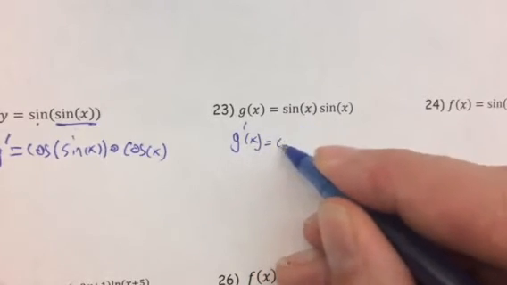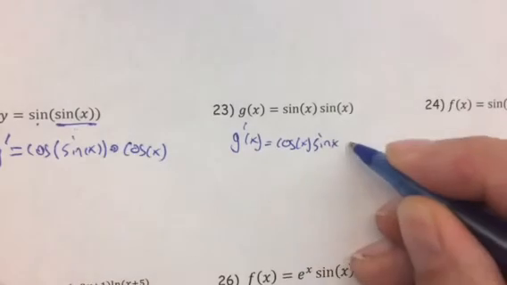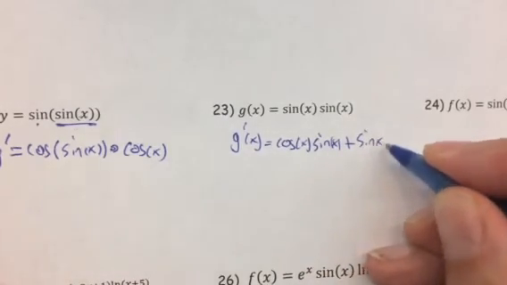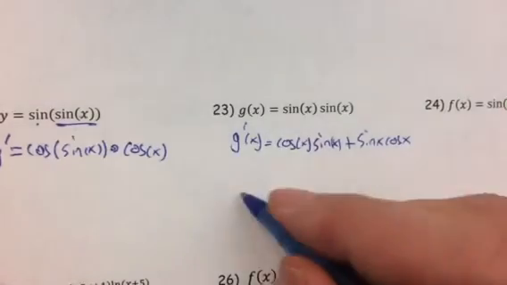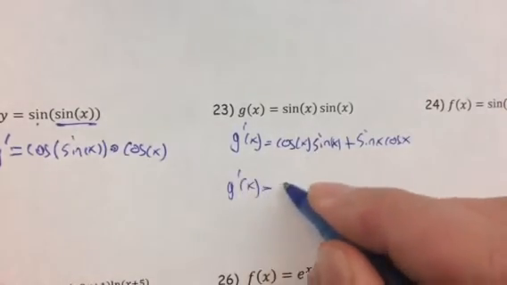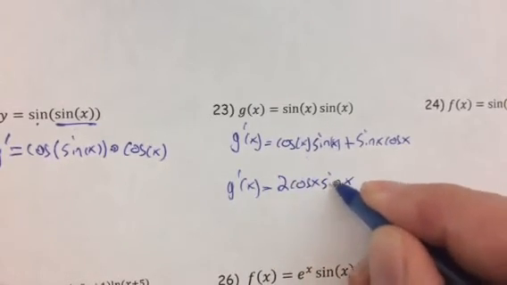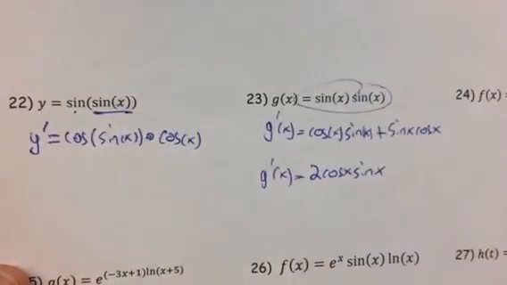It's the derivative of the first one, leave the second one alone, plus leave the first one alone times the derivative of the second one. And then these are the same things, so we can combine them. 2 cosine of x, sine of x. We could have done this using the chain rule if we had rewritten this at the very beginning.